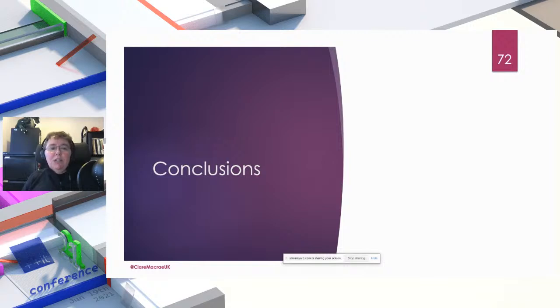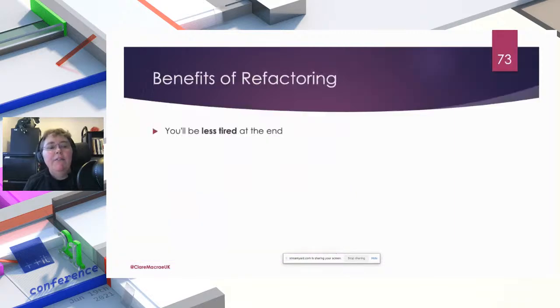So that's a whistle-stop tour of refactoring and other automated tools to do your work, do your refactoring. But what are the benefits of all of that? Well, you will be less tired at the end of the day or at the end of your feature, the end of this particular thing you're working on, because the IDE has done some of the heavy lifting for you.